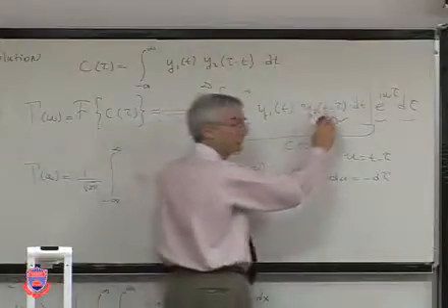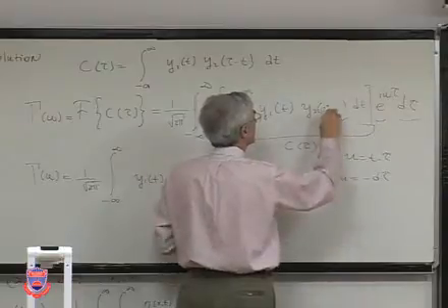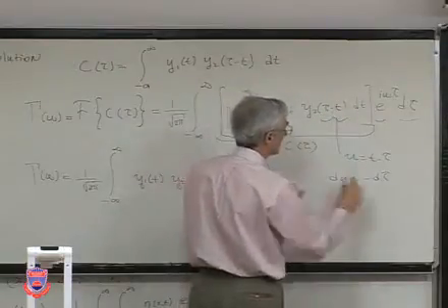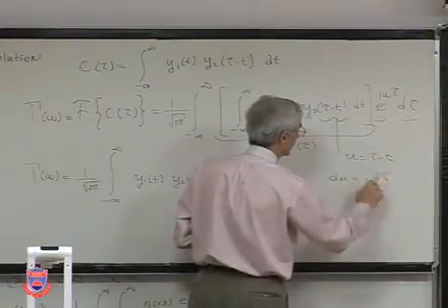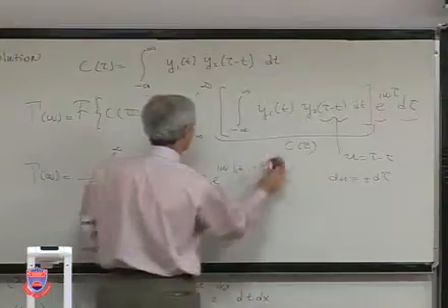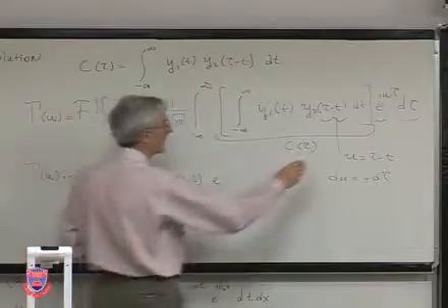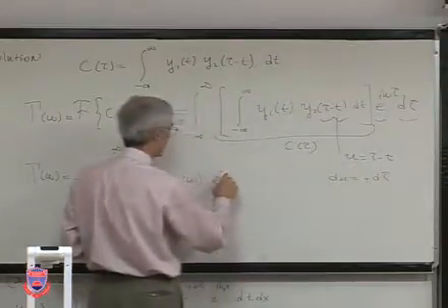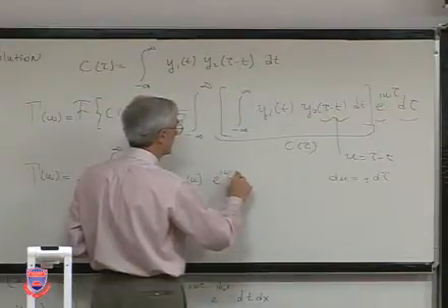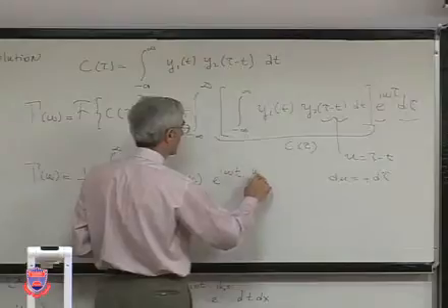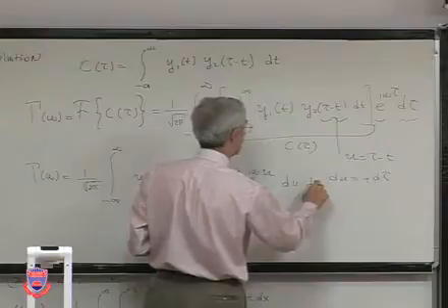And next we come down here, tau minus t, and of course, tau minus t, and this is plus. Now we're happy. e to the i omega t, e to the i omega u, and we have du and dt.